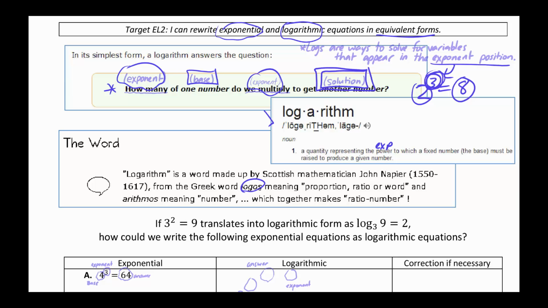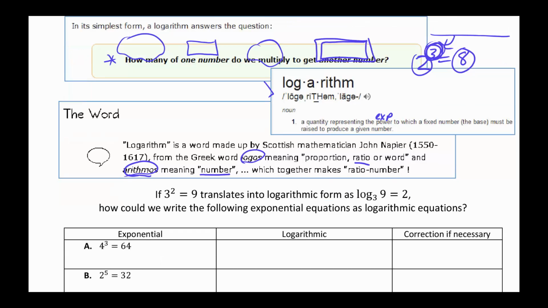So logos is where the log part comes from, and that means proportion, or ratio, and then arithmos means number. So he has a proportion or a ratio with a number, logarithm, and that's where he got that phrase from. But again, it's to undo exponents, to get in there and to work with those.